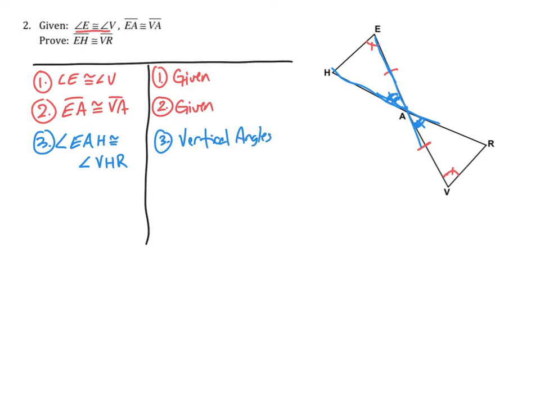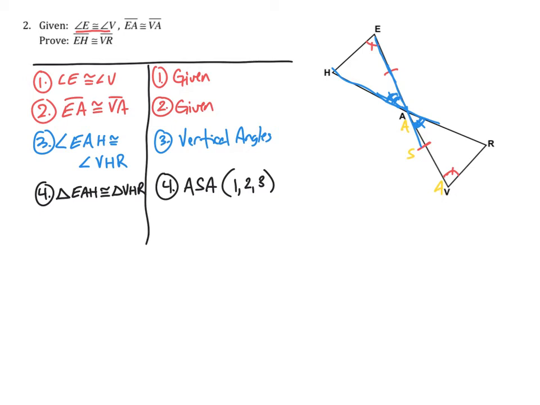All right, and now if you take a look at the picture, I have an angle, I have a side, and an angle. So then I have step 4, I have triangle EAH is congruent to triangle VHR, and the reason for that is ASA, and then state my statements, so 1, 2, and 3 in that order, all right?